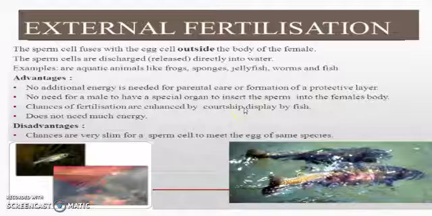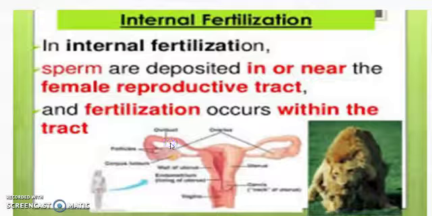Courtship behavior means the behavior before breeding, in which the male and female attract each other by different physiological behaviors. Also, because of external fertilization there is no need of much energy, so mostly organisms do this. And the disadvantage is that gametes are usually wasted because of the water current.